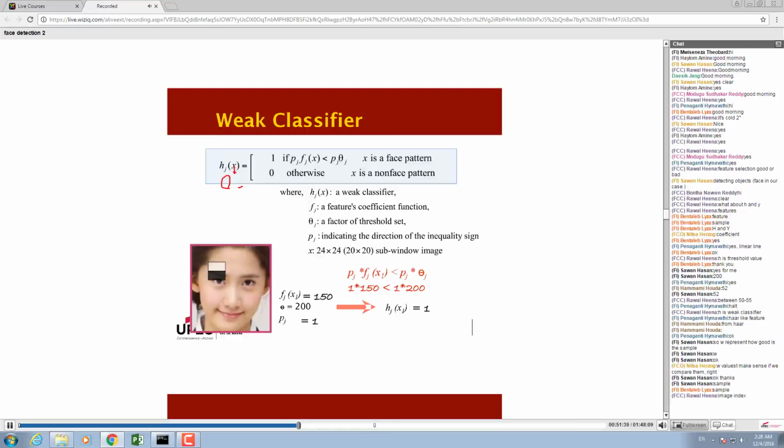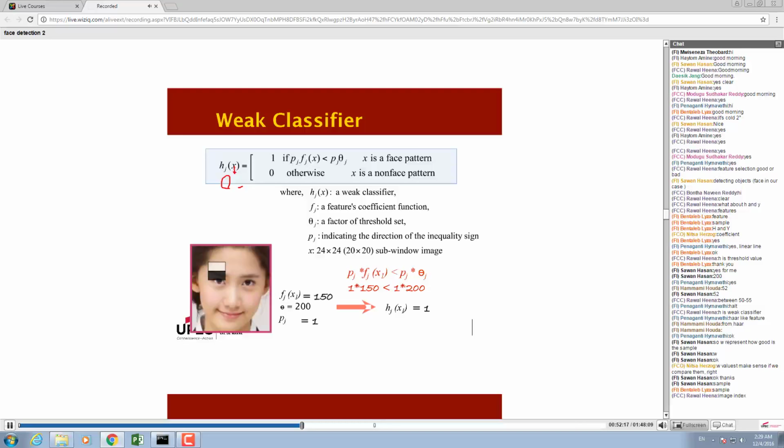When H returns 1, it means H thinks the given image X is a face. When H returns 0, it means H thinks, whether it is correct or not, that this X image is not a face, non-face. So it is returning 1 or 0. 1 means yes, 0 means no. Kind of binary classification.